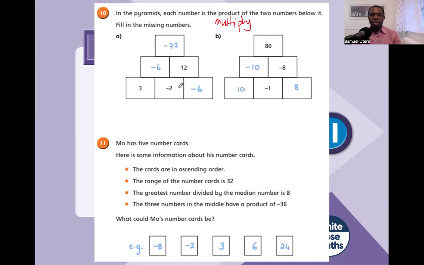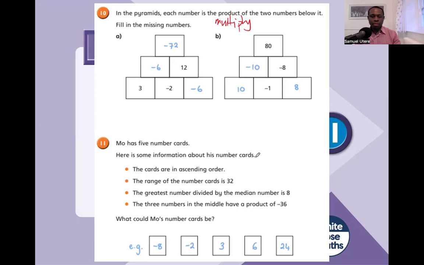Another way of thinking about it is to do the inverse operation. 12 divided by -2 will be -6. These two, another way of thinking about it is to say, if that is -6 and that's 12, to get that number, it has to be that times that, which is -6, and then that times that will be -72.